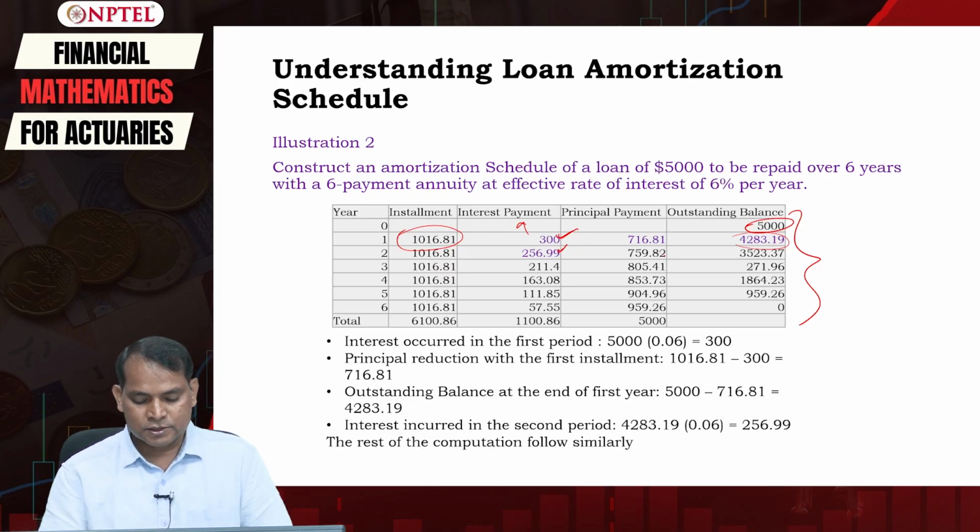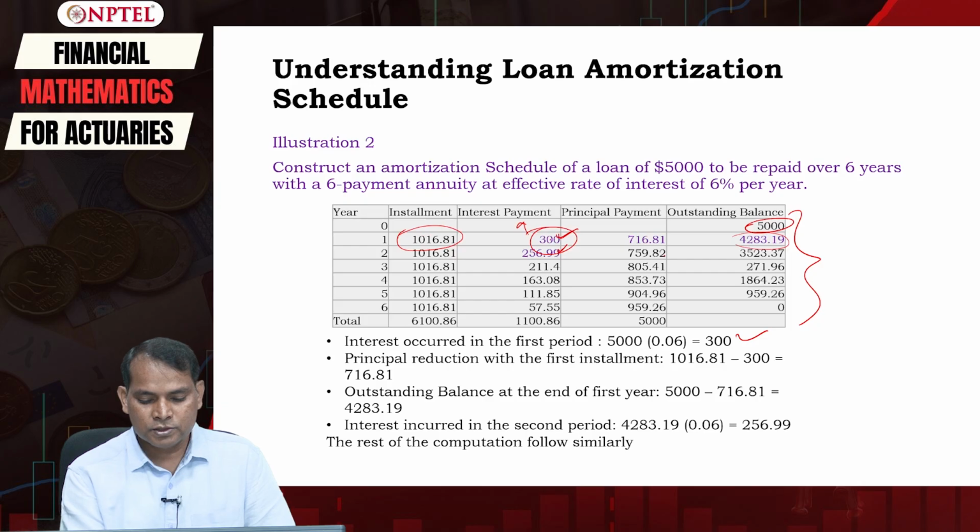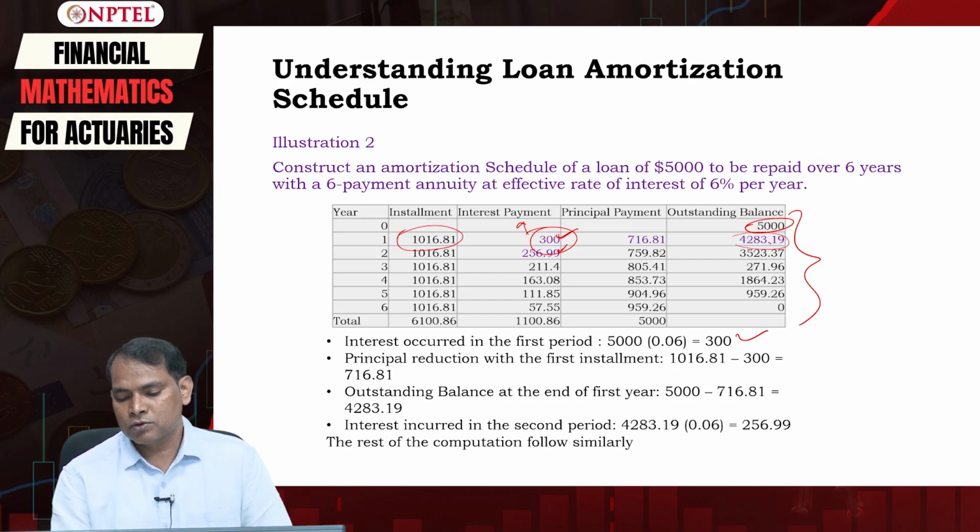So here it is clearly mentioned, the interest accrued in the first period is 300, which is this one. The principal reduction with the first installment is this one, that is 716.81, which is this value minus this value. Now the total outstanding balance will be this value minus this value, that is 4283.19.